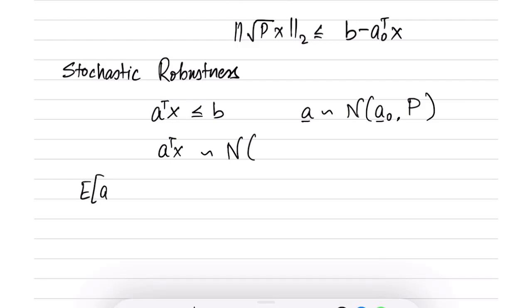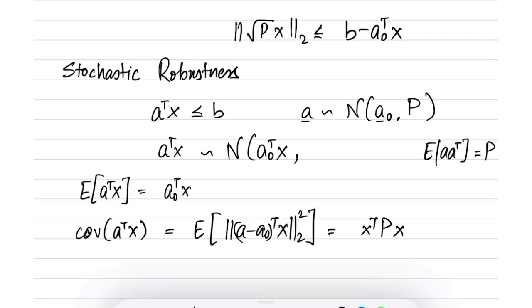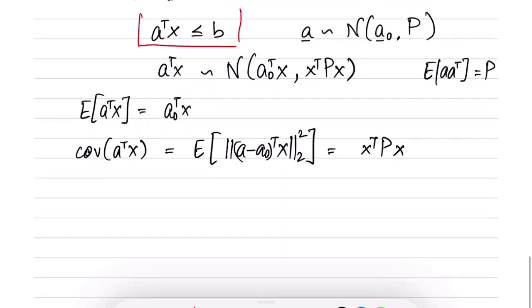The expected value of A transpose X is A naught transpose X. And the covariance of A transpose X is given by the expected value of the square of (A minus A naught) transpose X, which is X transpose P X. So the variance of A transpose X, which is a scalar, is X transpose P X.